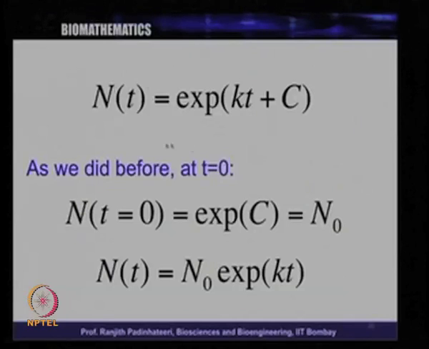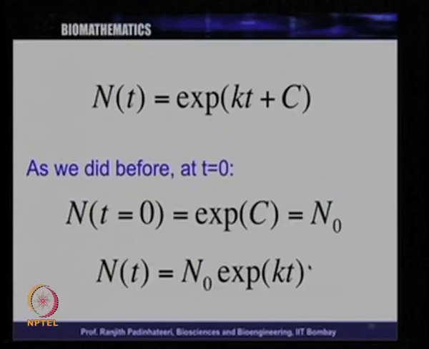Now, as before, when t equal to 0, we get n of t equal to 0, that is n 0, is equal to e power c. Because k t becomes 0, k into t, where t is 0. So, k t is 0, this term is 0. So, e power c is equal to n 0. So, we can write this equation by substituting this e power c back.